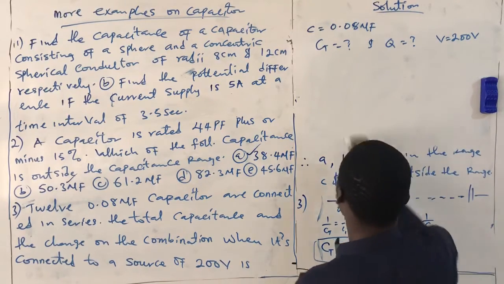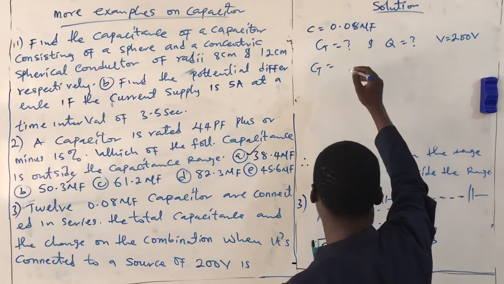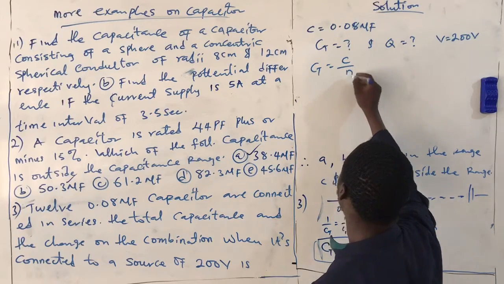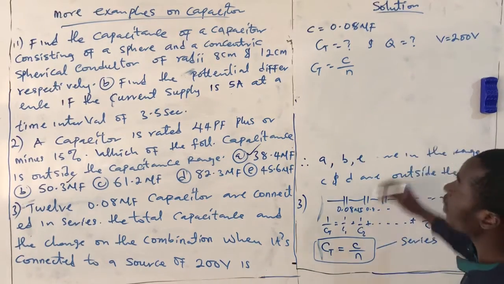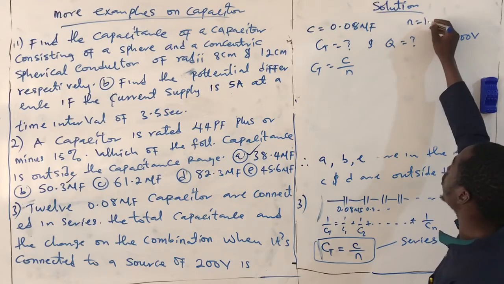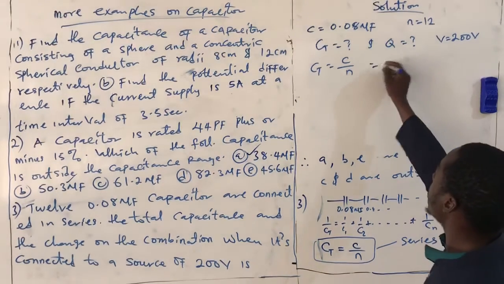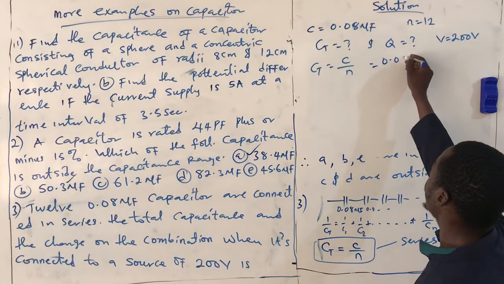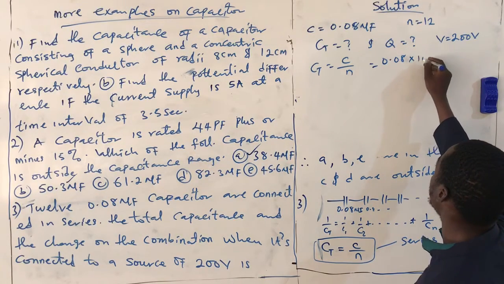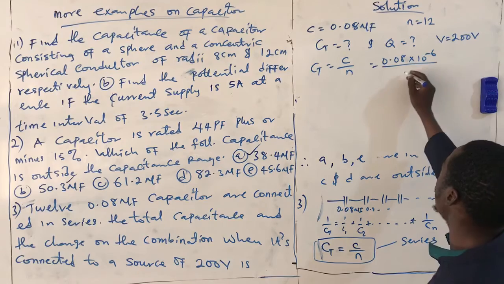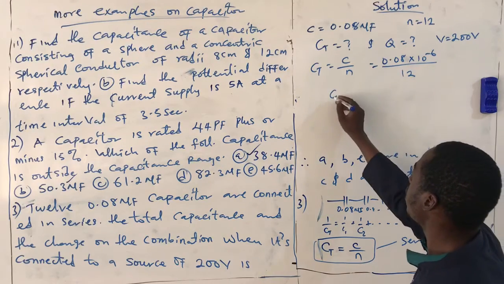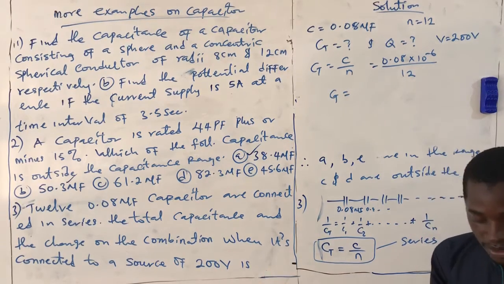Now, with this formula, we said that CT is equal to C over N, and the number of capacitors connected is 12. So we are going to say 0.08 times 10 raised to the power minus 6 divided by 12. Then we can find the capacitance.